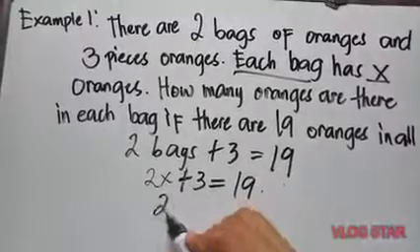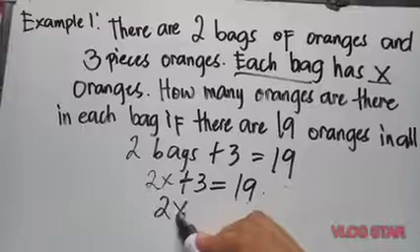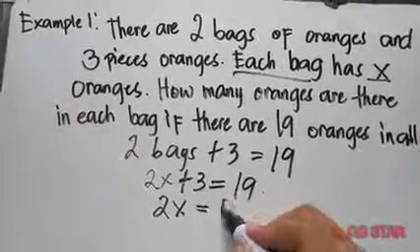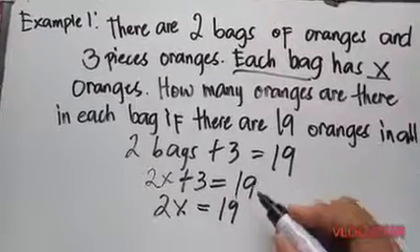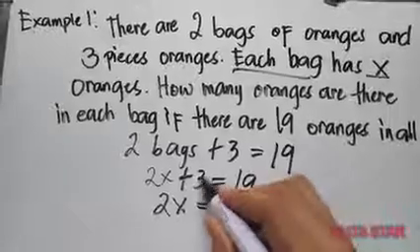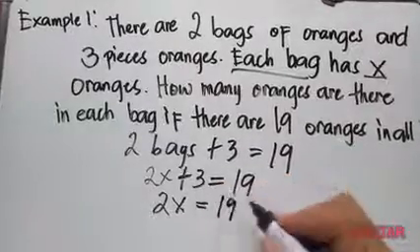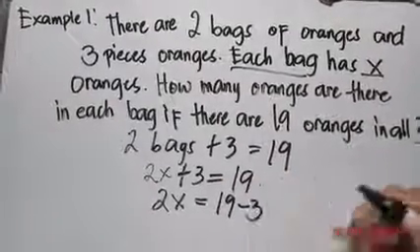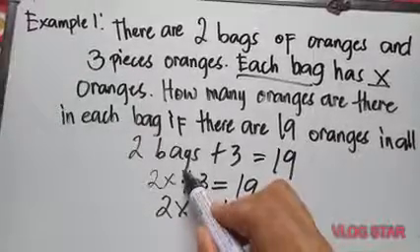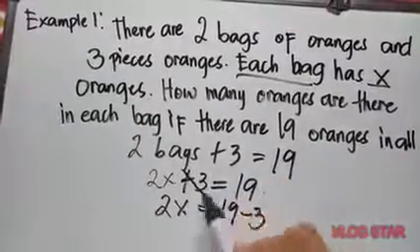So ang matitira na lang 2x is equal to 19. Then the additive inverse of 3 is negative 3, so mawawala na itong positive 3.